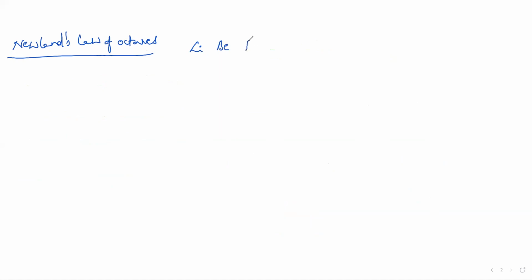Example, lithium, beryllium, boron, carbon, nitrogen, oxygen, fluorine. By the time of Newlands, noble gases were not discovered, so forget about neon, then sodium, magnesium, aluminum, silicon, phosphorus, sulfur, chlorine. Now what you are getting here? Every 8th element.